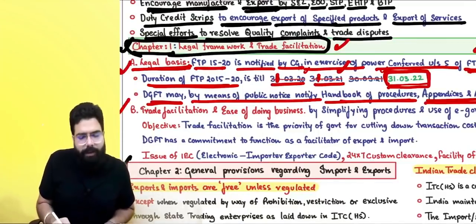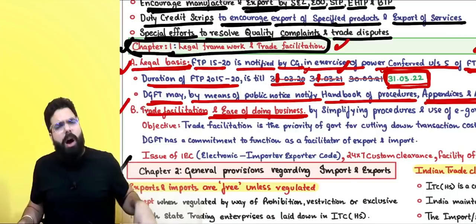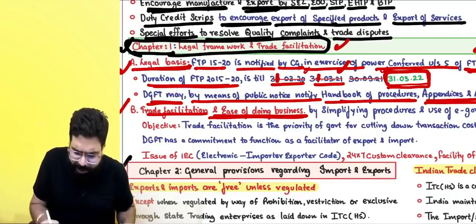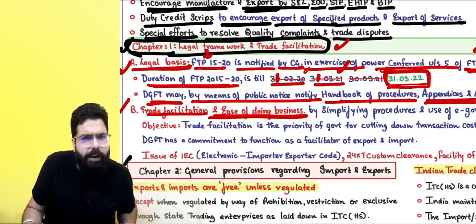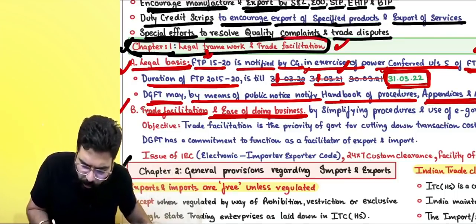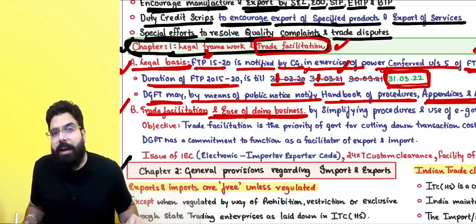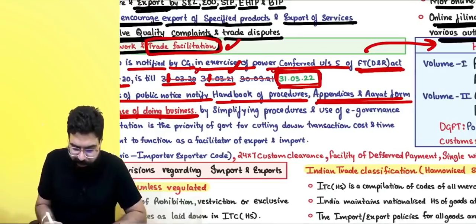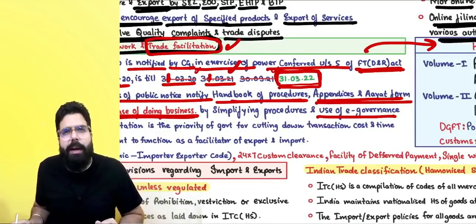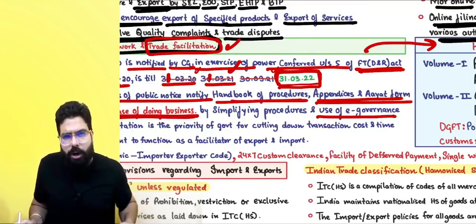Point number B says trade facilitation and ease of doing business. Okay, legal framework you told, section number 5 of the Foreign Trade Development and Regulation Act. Sir, what do you mean by trade facilitation? Trade facilitation will be done by simplifying all the procedures and use of e-governance. The ICEGATE website is there, 24/7. Only 3 documents we are taking now.